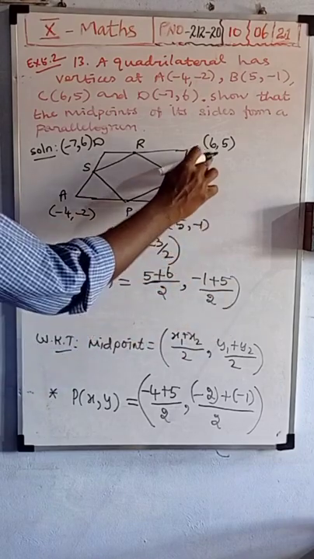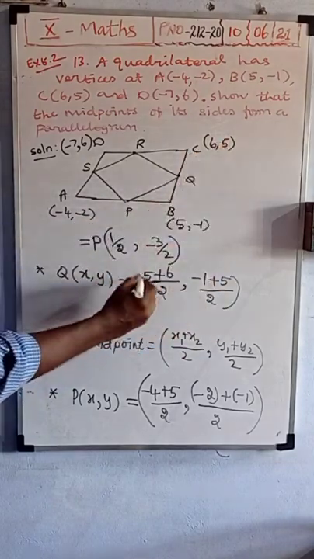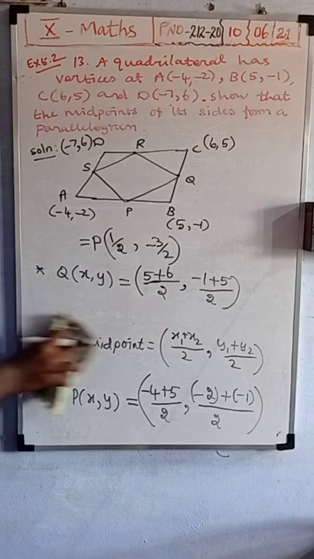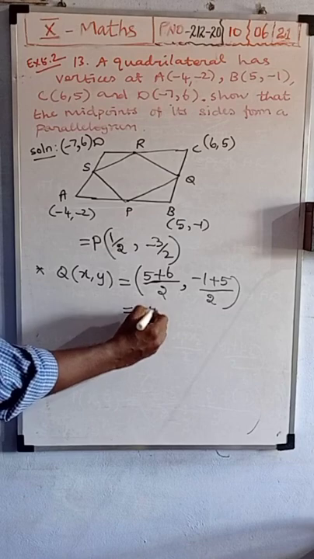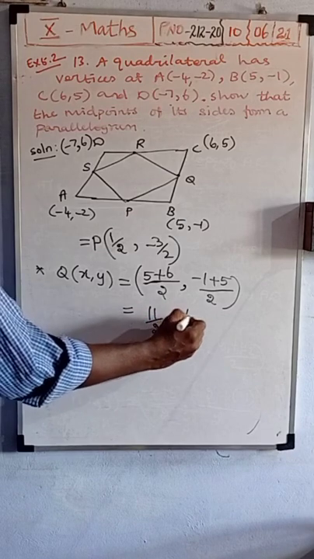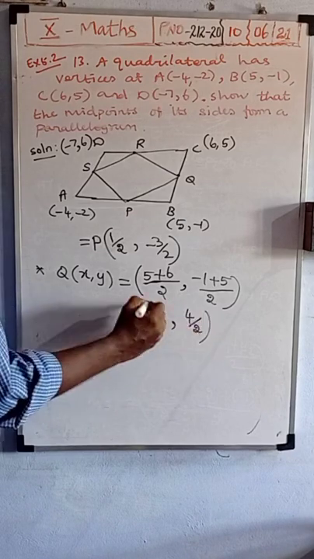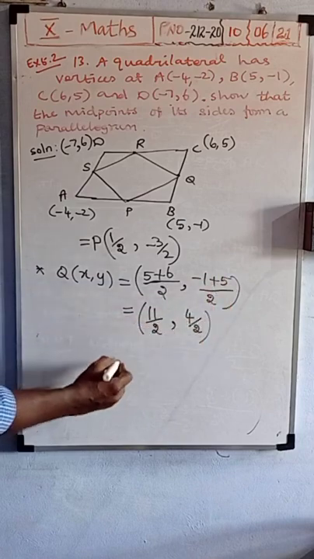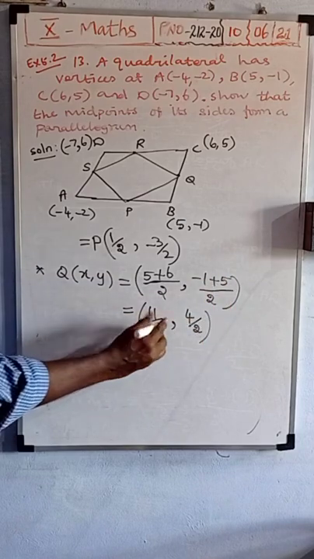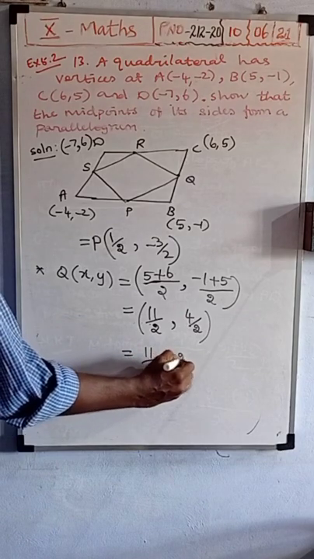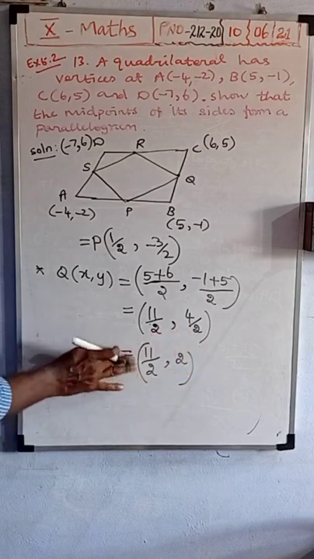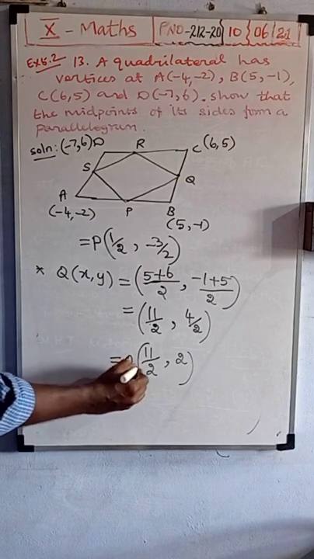Simplify: 5 plus 6 is 11, so 11 by 2, comma 4 by 2. We cannot cancel 11 by 2, so write it as it is. 4 by 2 we can cancel, which is 2. This is the point of Q.